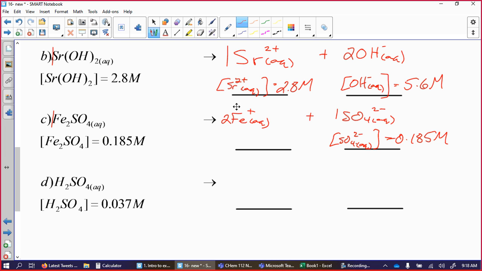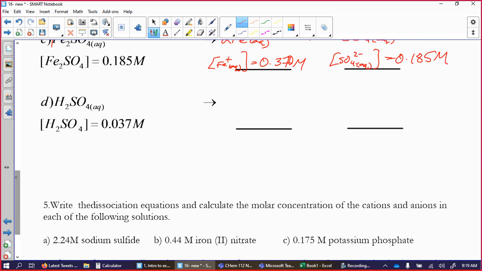This one, because we get 2 of them for every one of them, 18 and 18 are 36, 37. So 0.37 moles per liter. So it's just a stoichiometric thing. You don't have to show any calculations.